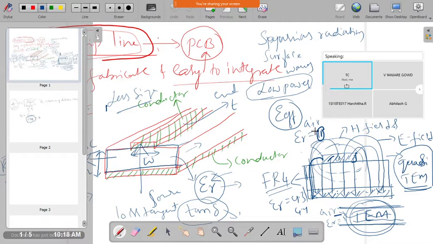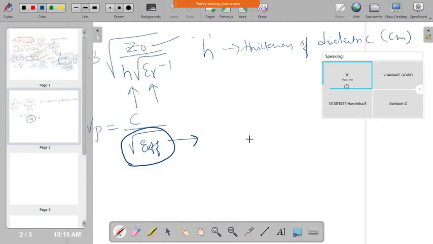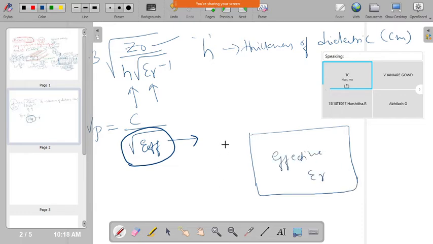So we have to define the effective dielectric constant, so that all the fields we have discussed are confined within this effective epsilon medium. That's why it is important to define the effective dielectric constant.